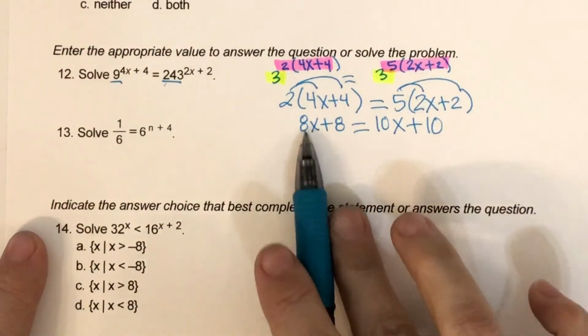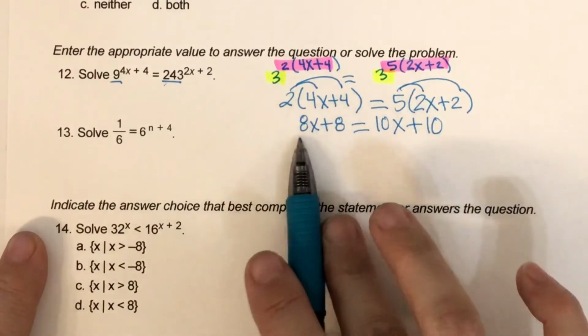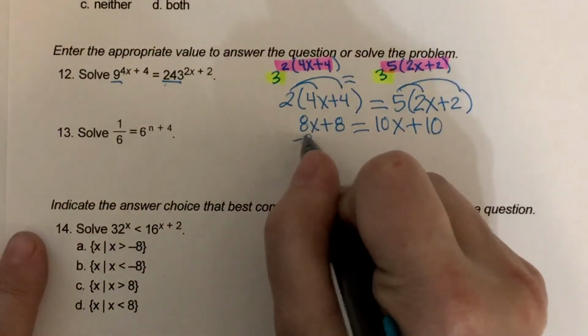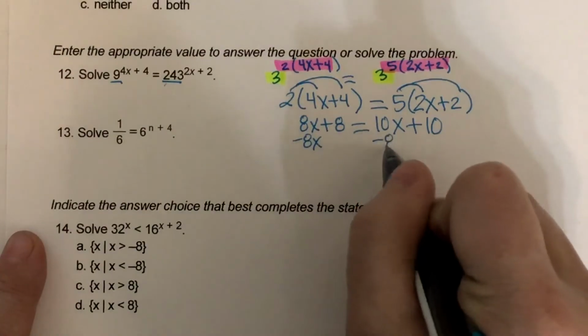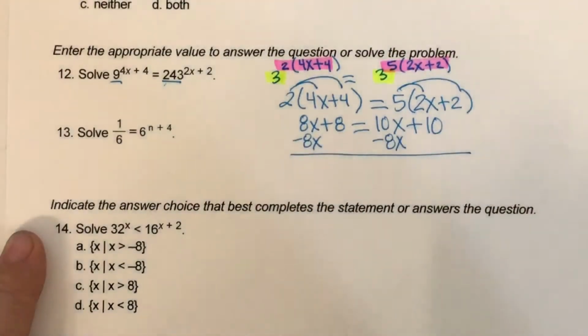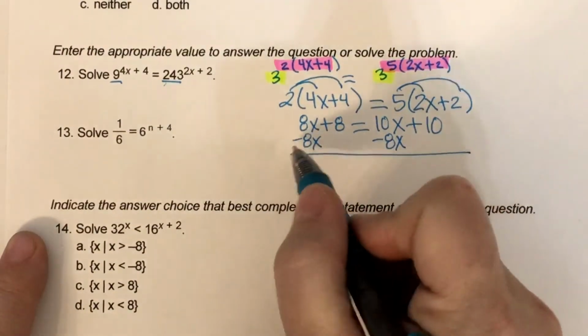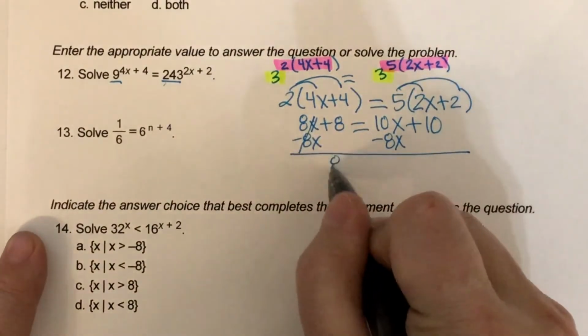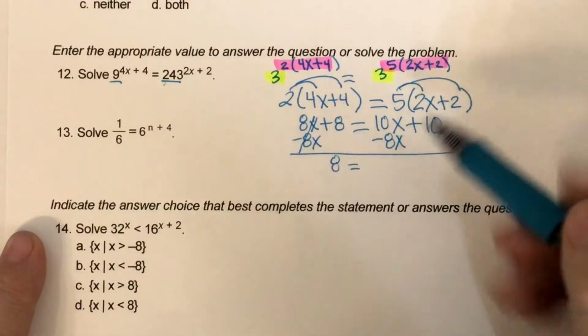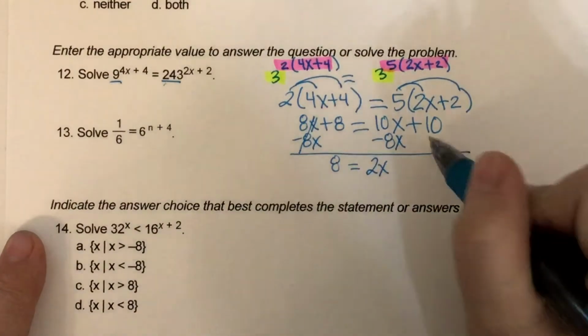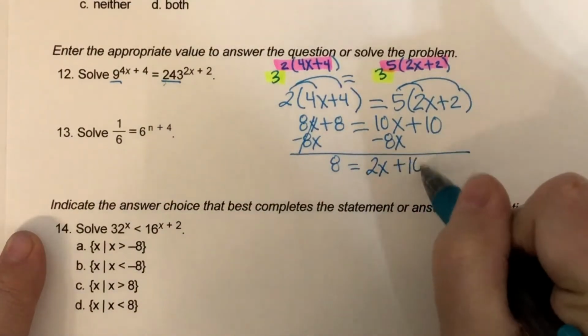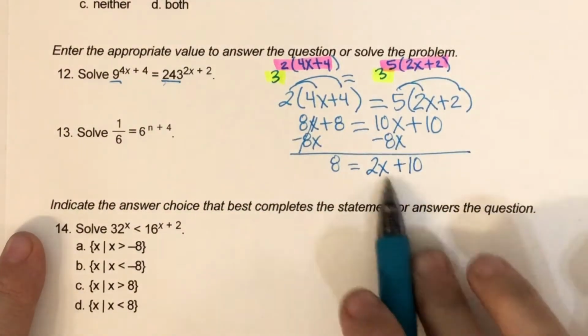Okay, I need to get my x's on the same side. I'm going to move the smaller one. So to move the positive 8x, I do the opposite and subtract. This zeroes out. Drop your 8. Drop your equals. 10x minus 8x is 2x. And drop the 10. All right, looking on the side of the x.